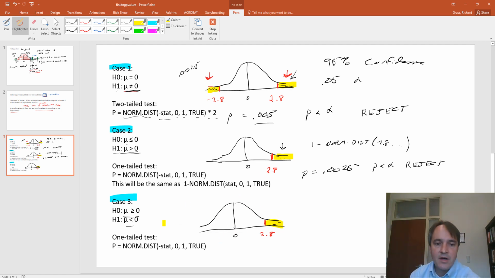But in this case, our rejection region is going to be anything substantially less than 0. We still have a value that's extremely different from 0, but we want to know how far. So we're going to take the negative of that 2.8, so negative 2.8, and then find the probability.